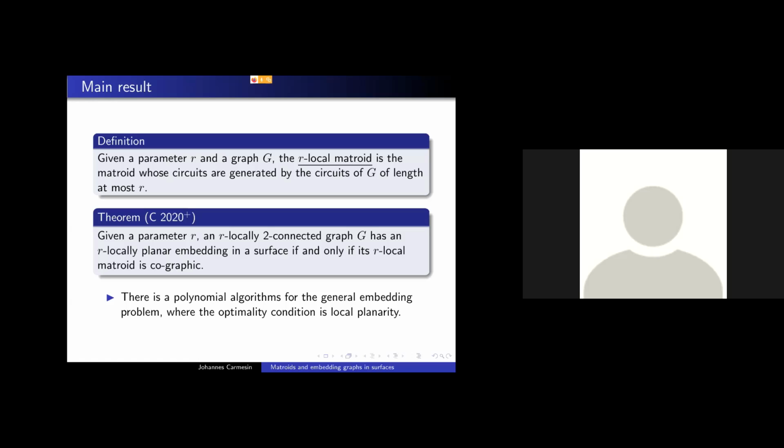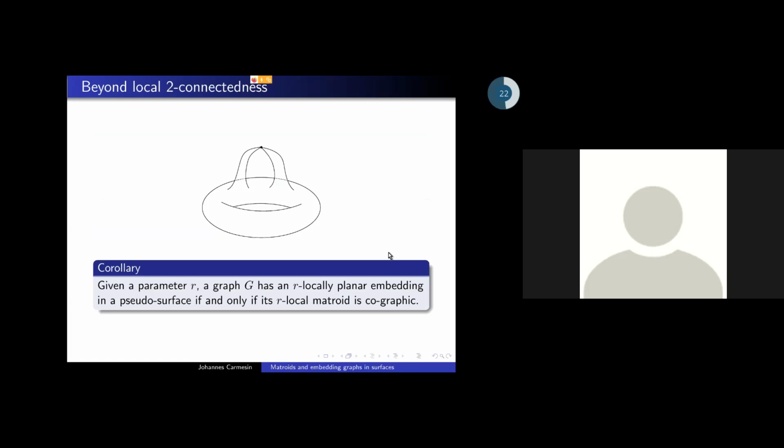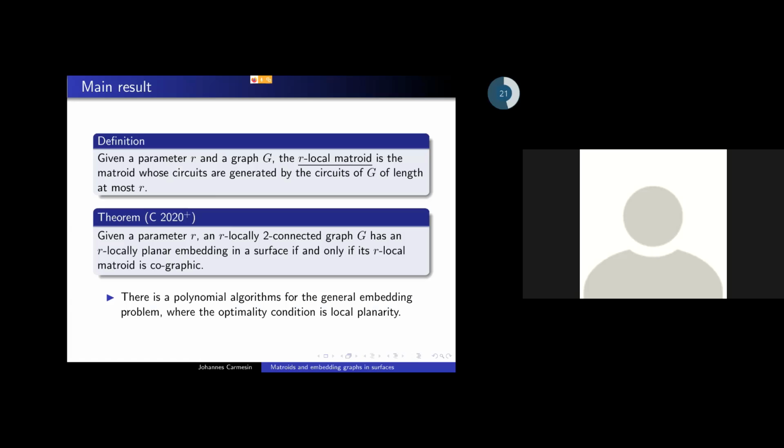And this is a drastic change in complexity. Before, the problem was NP-hard, and now it's polynomial, because computing this r-local matroid can be done in polynomial time, and there are just linearly many values for r where you have to check it. So now there is a polynomial algorithm for this modified embedding problem.